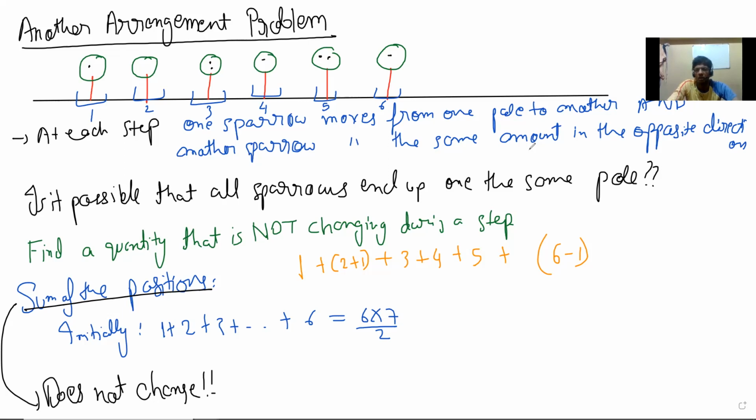No, it is not mirror image. It's not mirror image because you see the point. There's no mirror at 3.5 and it's happening. That is not what is happening, because you could have a sparrow moving from the first position to the second position, and then a sparrow from the third position to the second position.